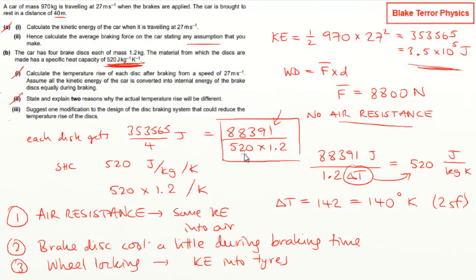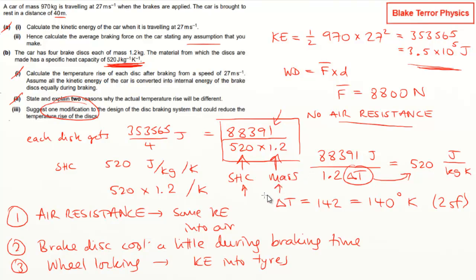That is still unchanged, but we can change these 2 things. So that gives you 2 options for the modification. You can change the specific heat capacity. If you increase the specific heat capacity, you're going to get a reduced temperature rise, or we could change the mass of each disc.